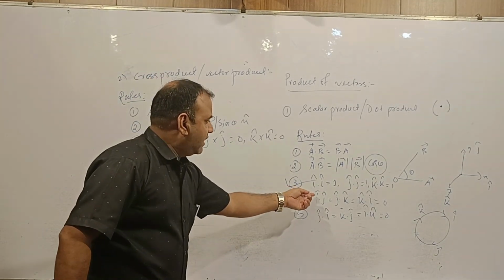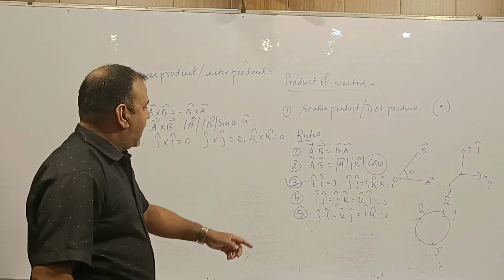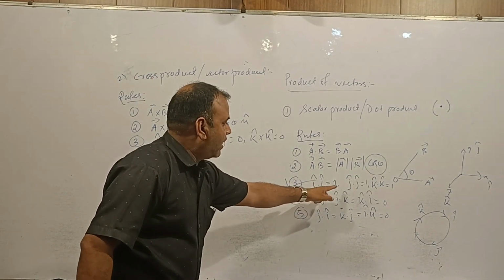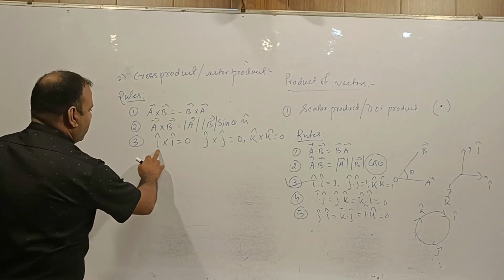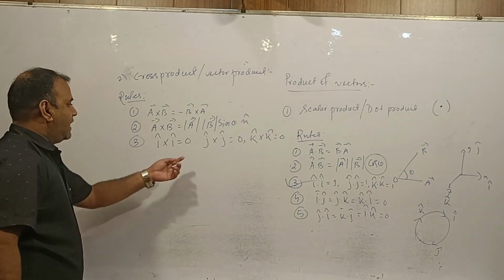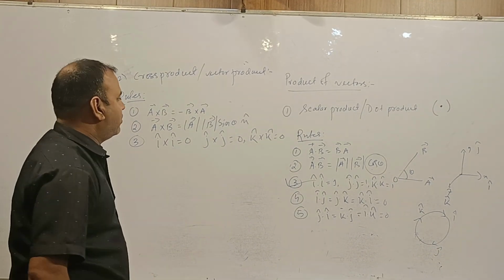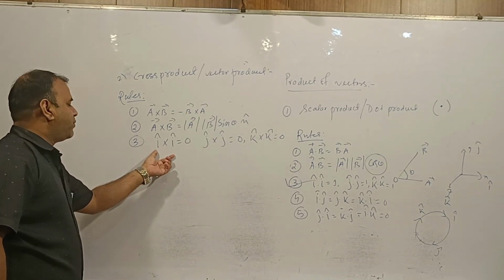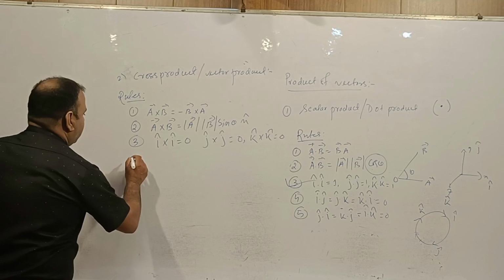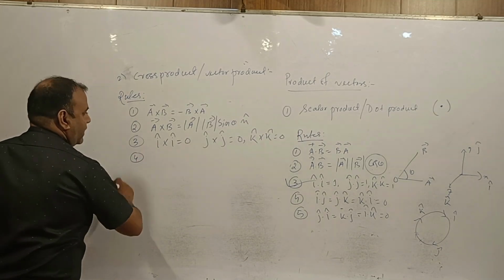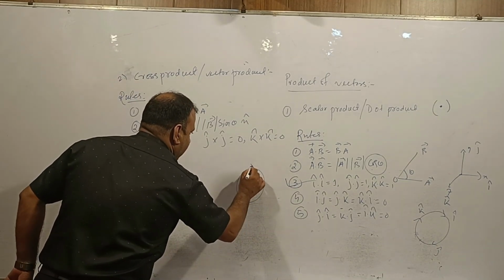But in the scalar product, you can see I cap dot I cap is 1, J cap dot J cap is 1, K cap dot K cap is 1. That means similar unit vectors will give 0 in case of cross product.